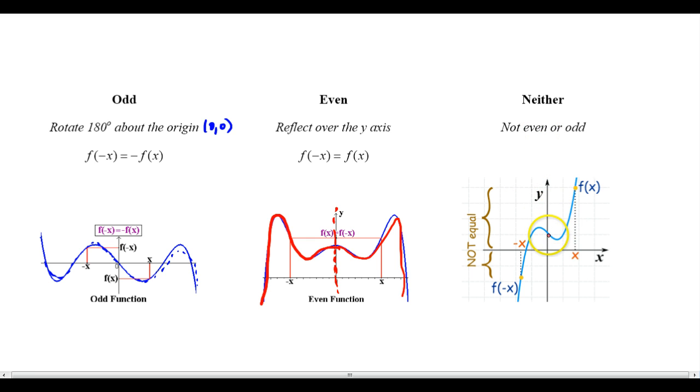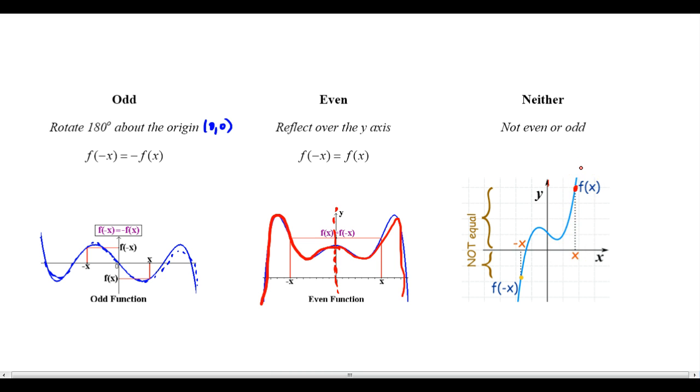So we can't fold this thing over, right? If we took half this graph and we try to fold it over the y-axis, it would look like this. So it doesn't land right back on top of itself, that's for sure. And if we try to rotate this thing 180 degrees, the points wouldn't line up. So they're kind of trying to show you that here by picking some random point.